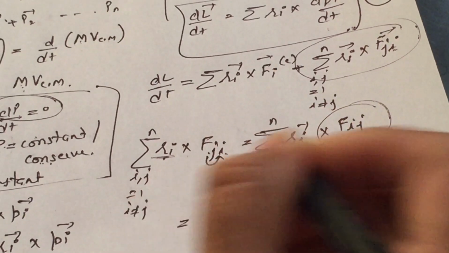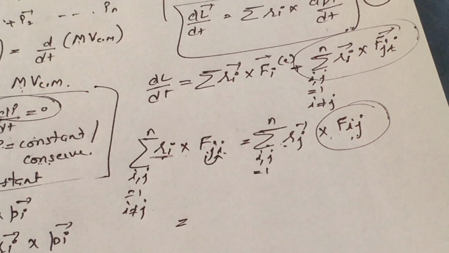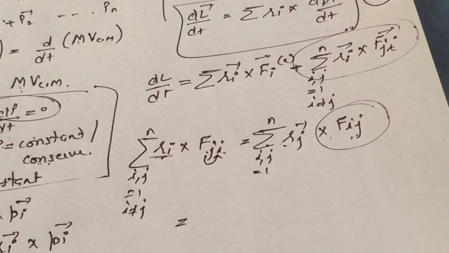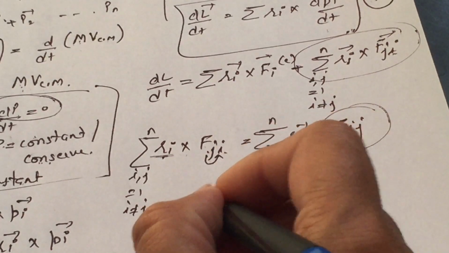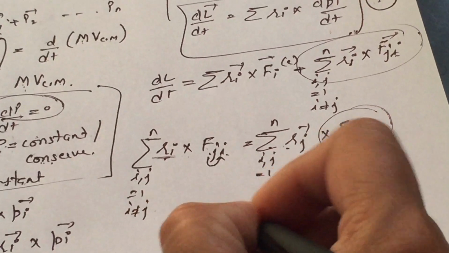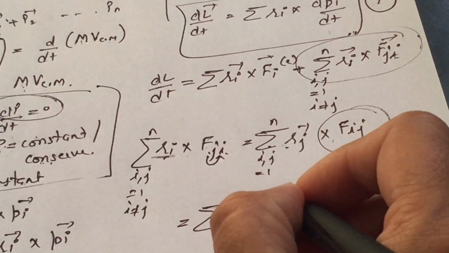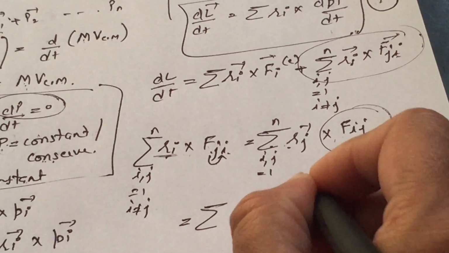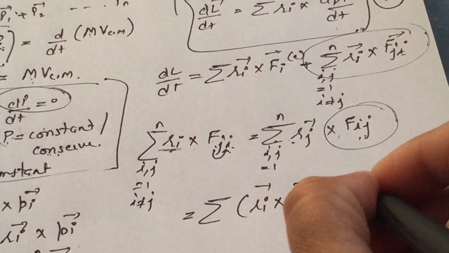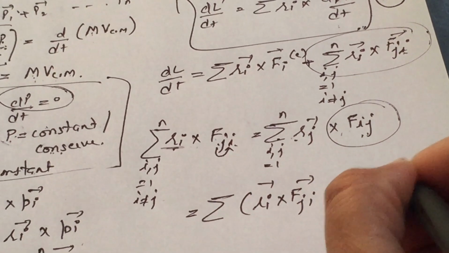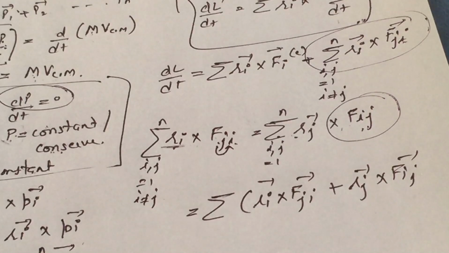Now if we add these two terms, we are just taking double of these two vectors. It means if we take ri cross fji plus rj cross fij, we are doubling our terms.